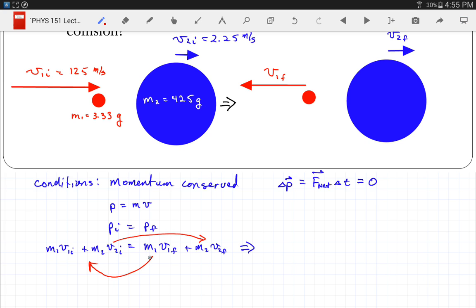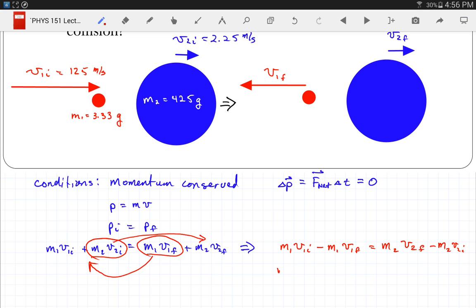So I will subtract each of the terms that I have indicated I'm moving here. And so that will give me the relation that m1 v1 initial minus m1 v1 final equals m2 v2 final minus m2 v2 initial.